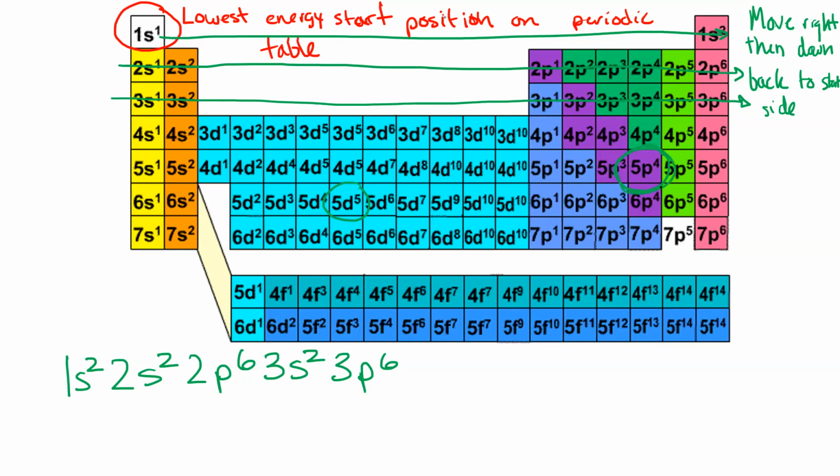Let's say I'm trying to reach this element right here. I go 3p6, then 4s2, then 3d10, then 4p6, then 5s2, then 4d10, and 5p4.